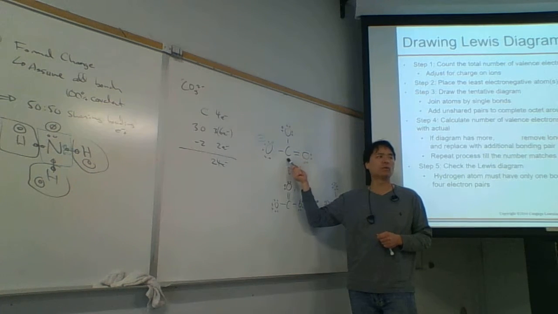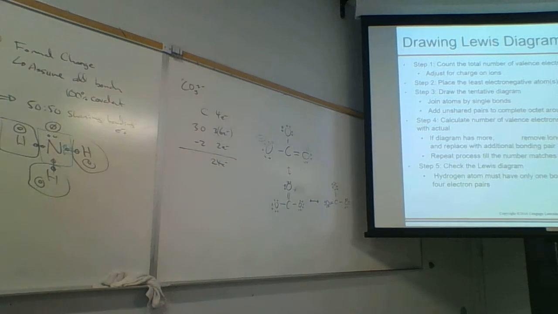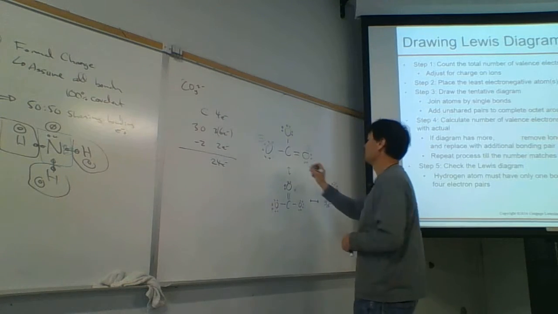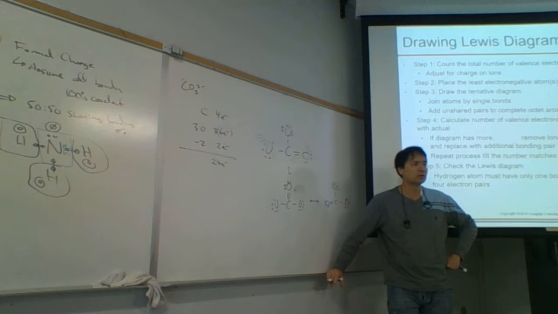Carbon ends up with 4 electrons in this structure. How many did it contribute? Carbon contributed 4. So it contributed 4, it got 4, it broke even. If it breaks even, then we call it 0 formal charge. It neither gained nor lost electrons. It came out 0.